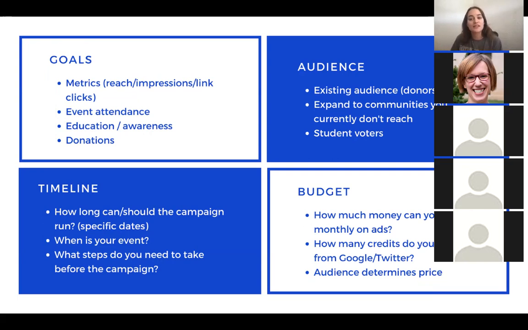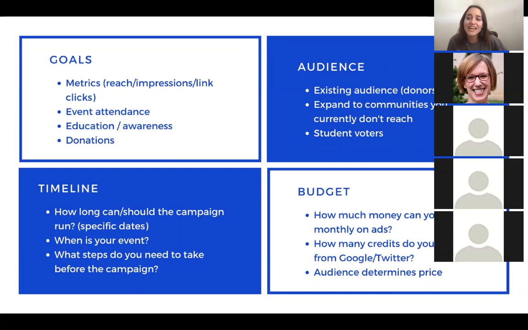These are really important things to think about, because that will then determine the audience that you are going to be tailoring your digital advertisements to. So when you're thinking through your audience, you want to think about who is your existing audience? Are you serving students? Are the main people that you're trying to communicate with students, or is it other people in your community, on your campus, that you currently don't reach through your earned and owned media?